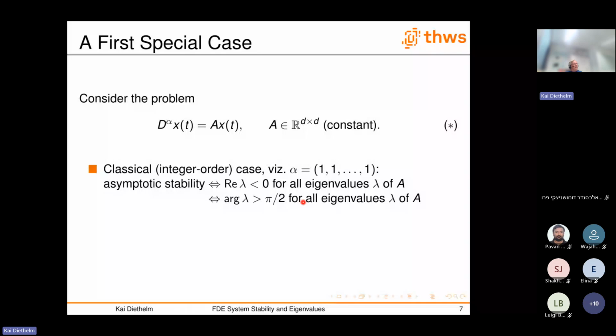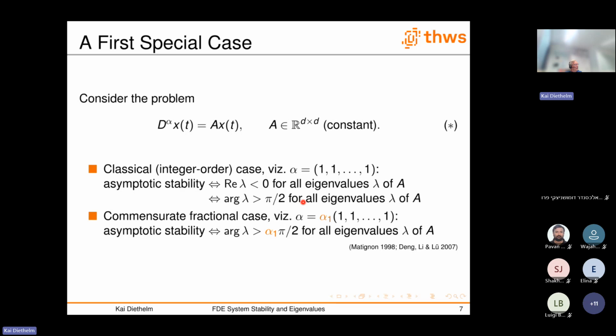The first step towards generalizing this then means we introduce a commensurate fractional order system. So instead of having the vector where all entries are 1, we multiply that by some constant alpha 1. So now each equation has the order alpha 1. That's a commensurate system.